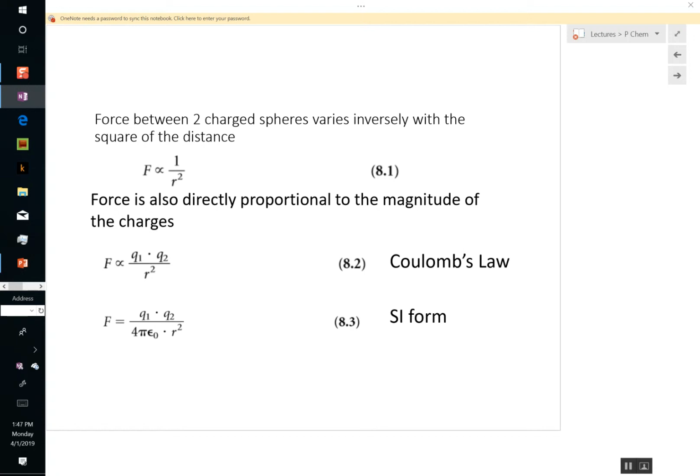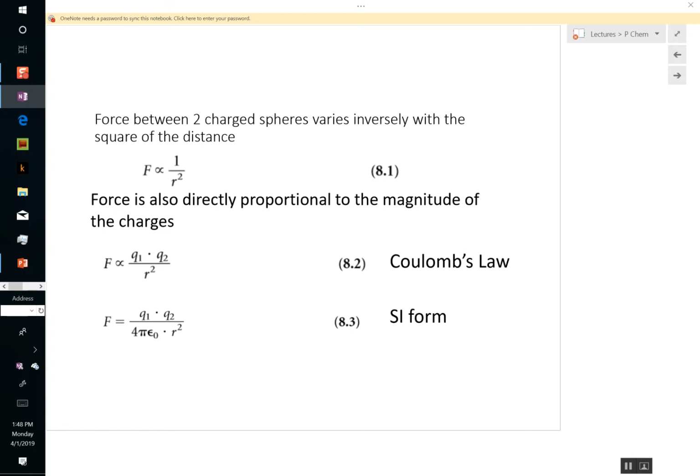The further apart they get, the force of attraction or repulsion between those charged particles is going to decay quickly with distance apart. They get closer together, that force is going to magnify with the square of that distance. And then the other thing is it's directly proportional to the magnitude of the charge on the spheres. All right, so inversely proportional to the distance between them, directly proportional to the magnitude of the charge.